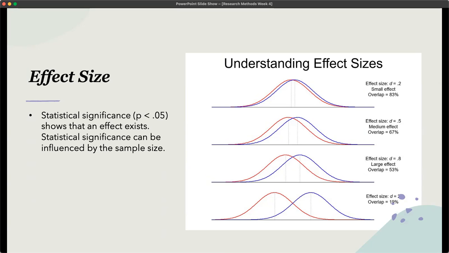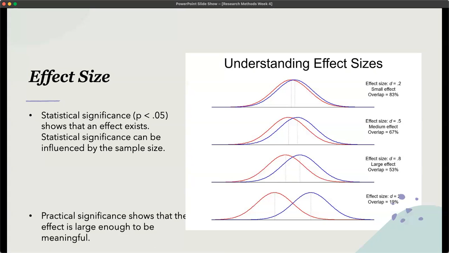And this shows that an effect exists. However, statistical significance can be influenced by the sample size. So the effect that we find with statistical significance, if we only have 30 participants, the effect could be different if we have 50 participants or 100 participants or 150 participants.